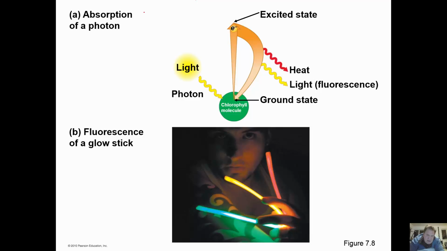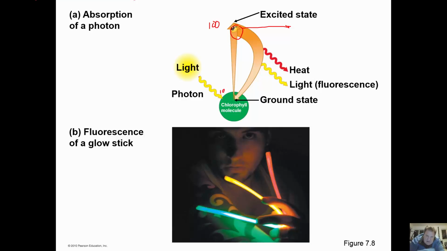Now, basically what's going on in our photosystems is we are harvesting photons, and so we need to describe a little bit about what the energy is. What's happening in chlorophyll is that it gets excited by the presence of light, and it excites an electron. This electron can either be moved on to something else, or it can go back down to its original energy state. So here's an energy state. Let's say this is an energy state of 10, and up here is an energy state of 100.